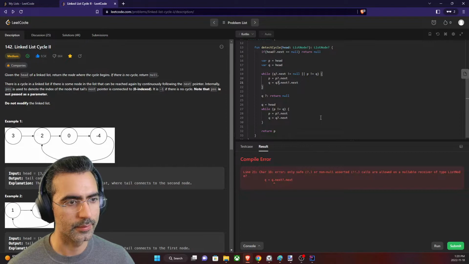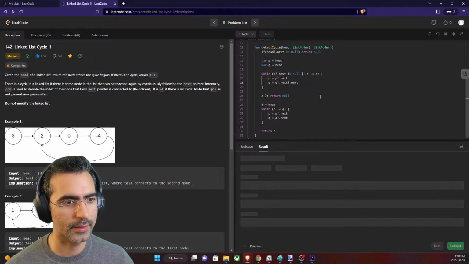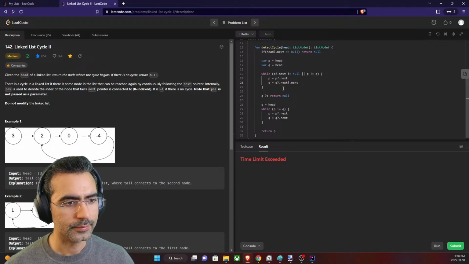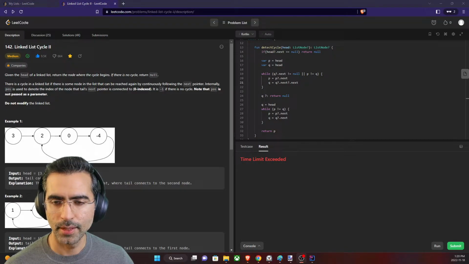Okay, it only accepts null asserted values. Although technically they should not be null, because we're already checking it here. And we get the time limit exceeded again. Let's see what's the problem.